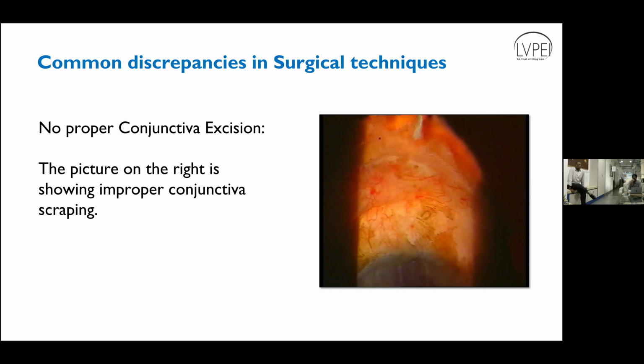The conjunctiva is a major source of infection. If you leave any conjunctival piece at the limbal juncture, it will cause contamination in the media, and ultimately the cornea will end up with infection. So make sure that the conjunctiva is properly removed from the limbal junction and is away from the cornea.